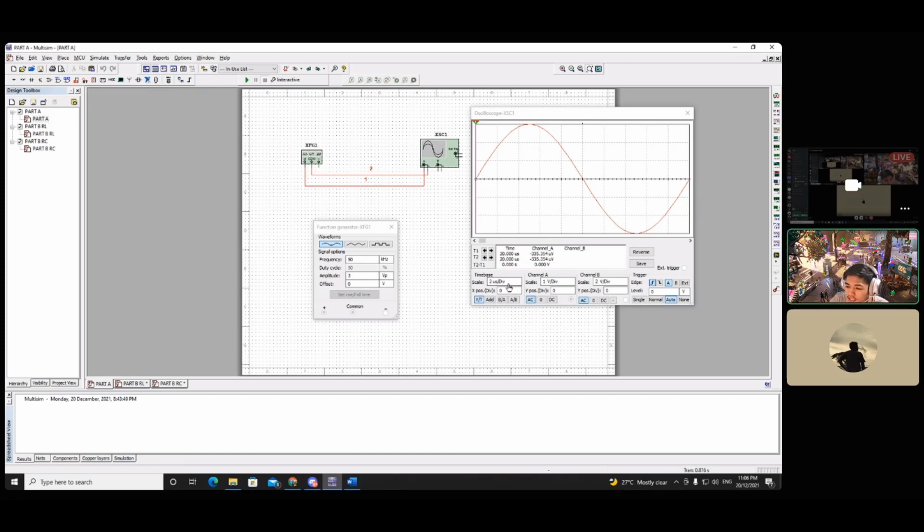If you change the scale, it will give a different display. Channel A and channel B are the y-axis setting, so you can change the scale. That's all about the oscilloscope function.